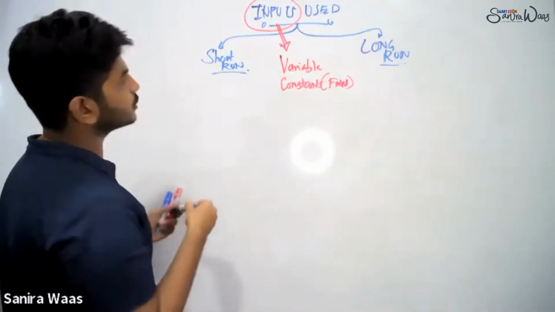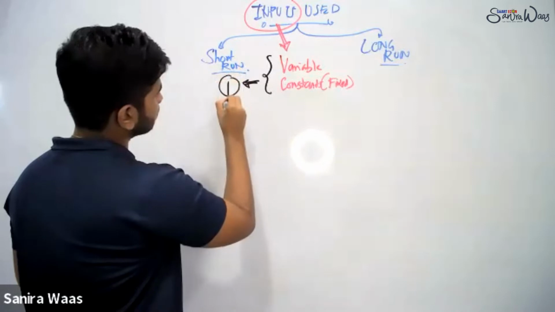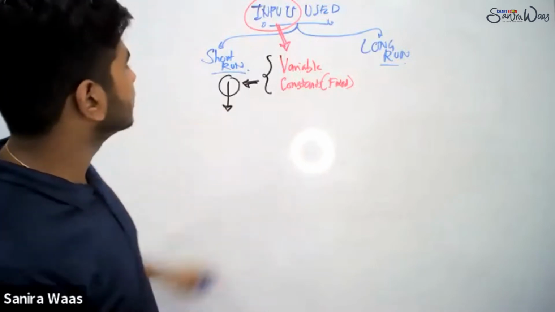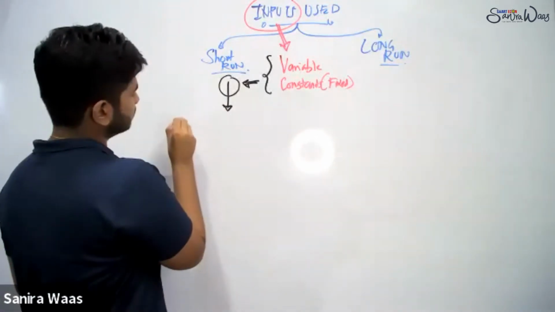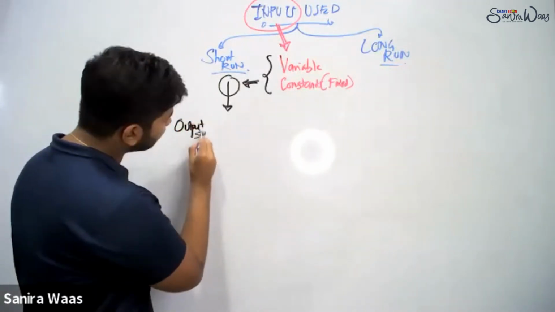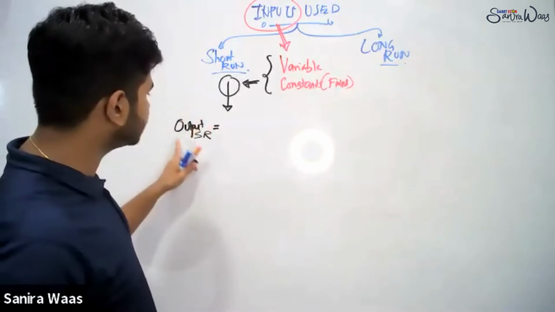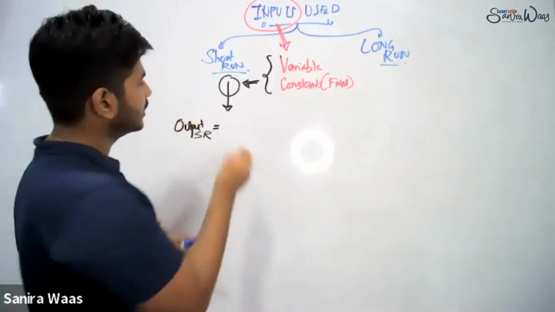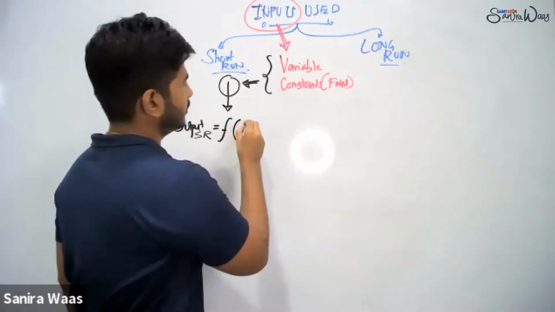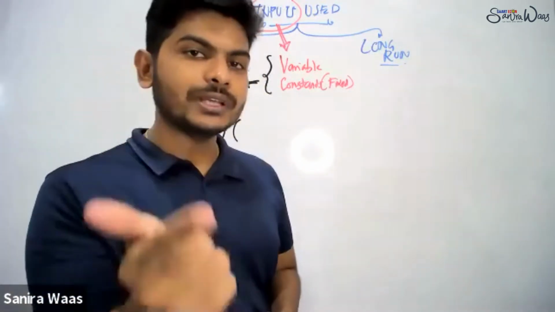Now, when we use these two inputs in short run, right? In short run, we call the output of the short run production process would be a function of, right? Yes or no? Is it variable or fixed?